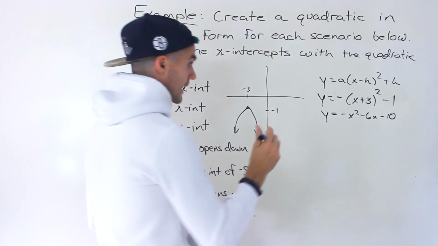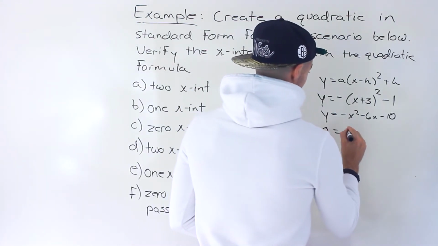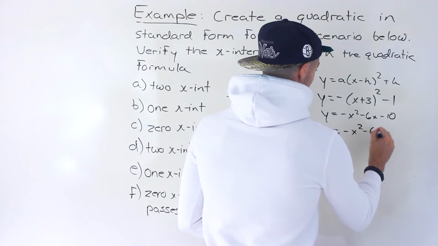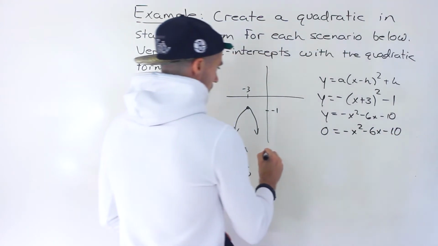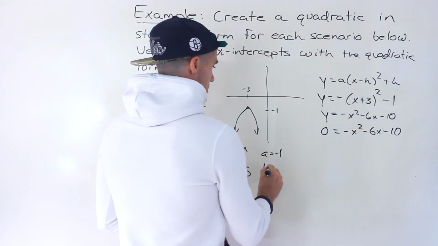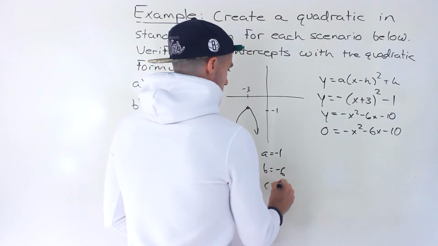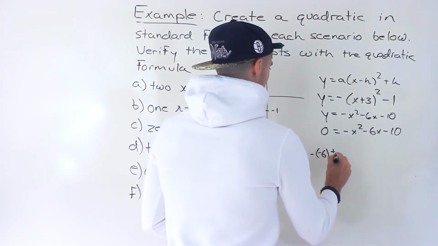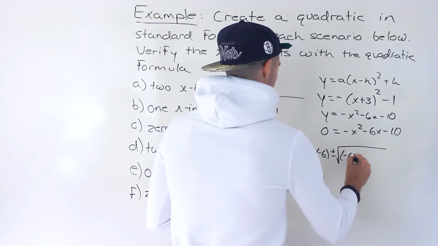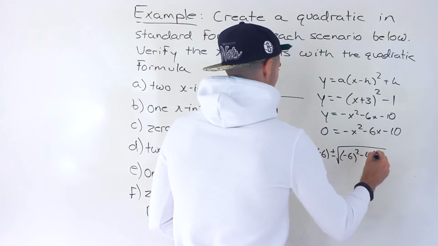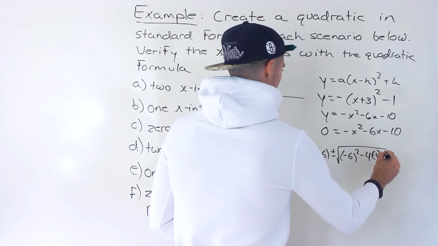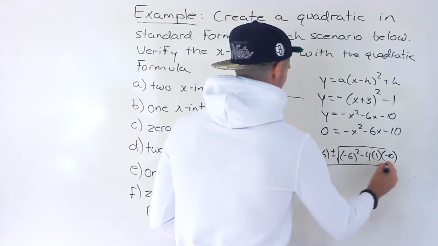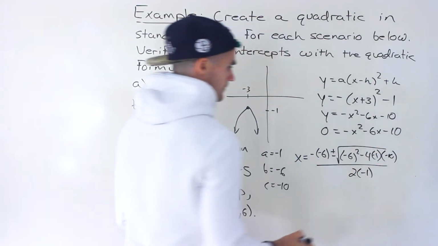Now let's confirm that it has 0 x-intercepts, so we would plug in 0 for y to find the x-intercepts. A is -1, B is -6, C is -10, and then let's plug these into the quadratic formula and see what happens. 4 times the a value of -1 times the c value -10, all over 2 times the a value -1.